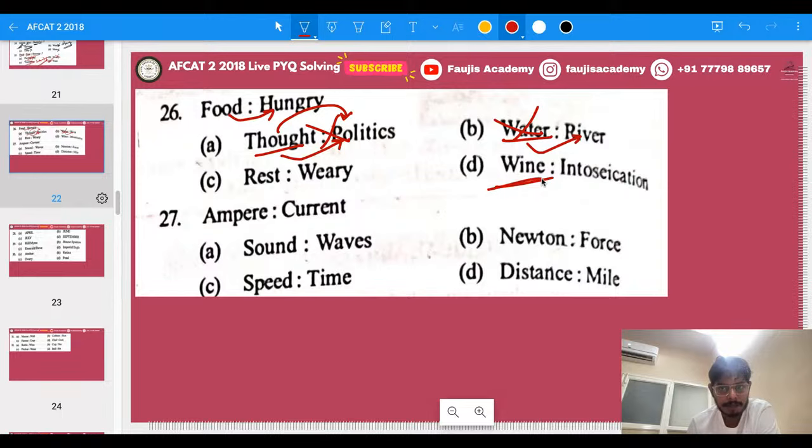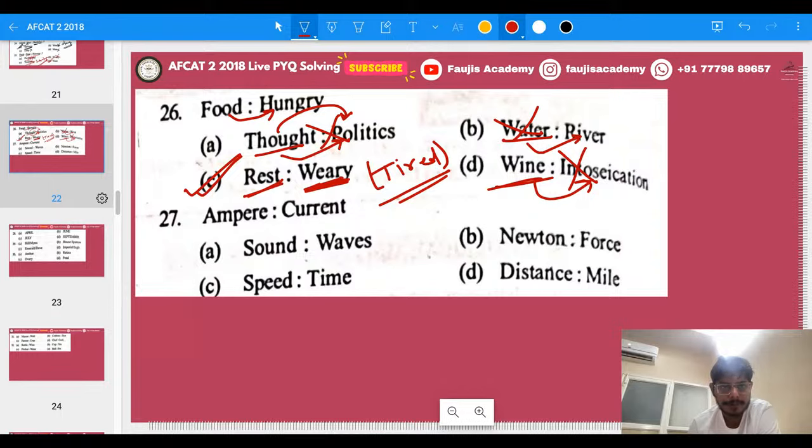Whenever you are thinking about wine, does it always induce intoxication? But when you are weary, you need rest. Weary means tired. So the correct answer will be C. Food is to hungry, rest is to weary.